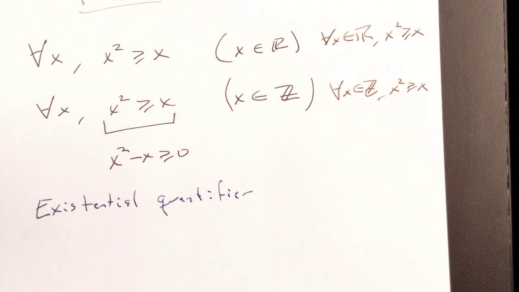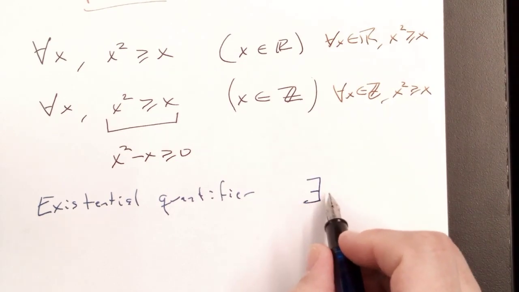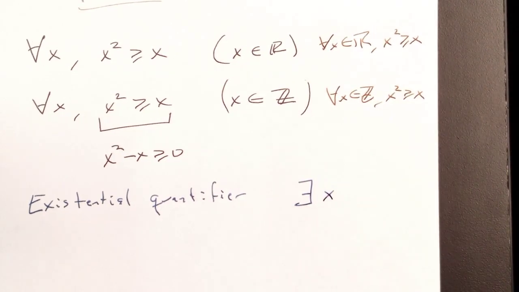All right, if universal meant all of them and I used an A, for existential I'll use an E. I need to make it look backwards so that it's clearly not the same symbol as just an E, because E of X would look like a function. I want it to be this, a backwards E. That backwards E means there is, there exists, we can find.